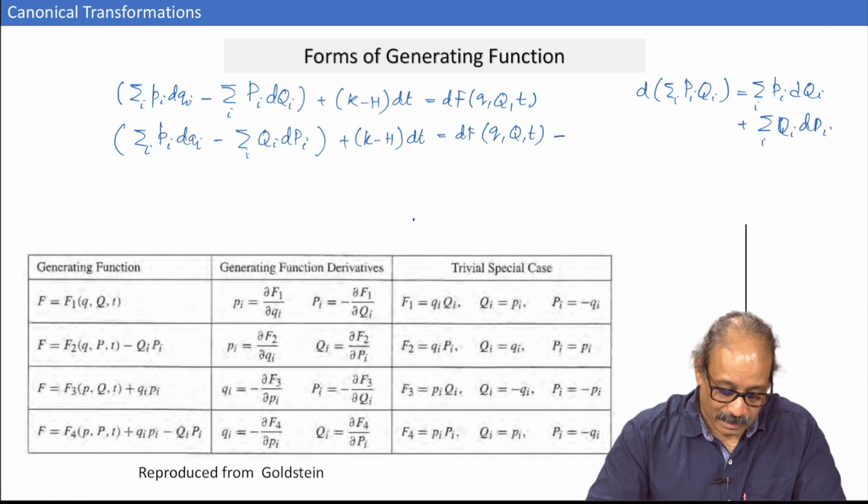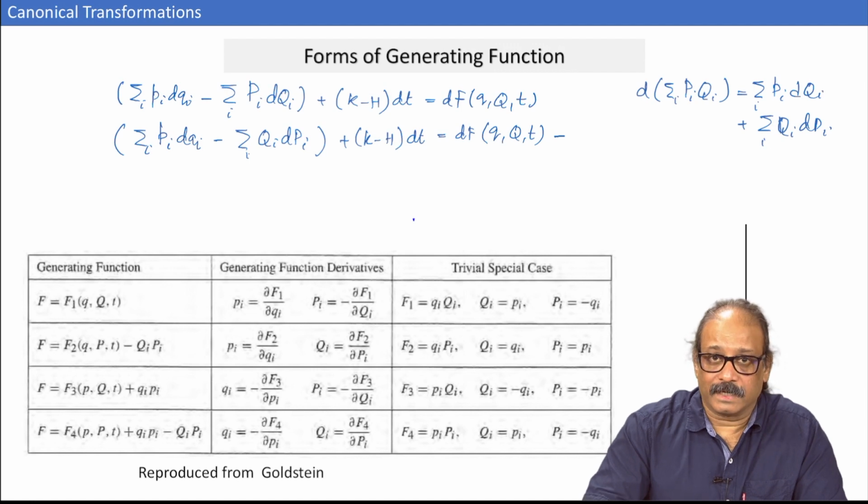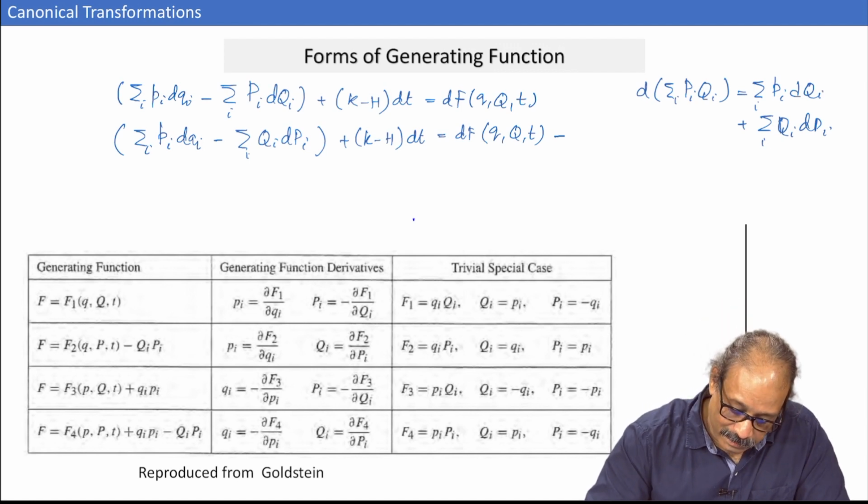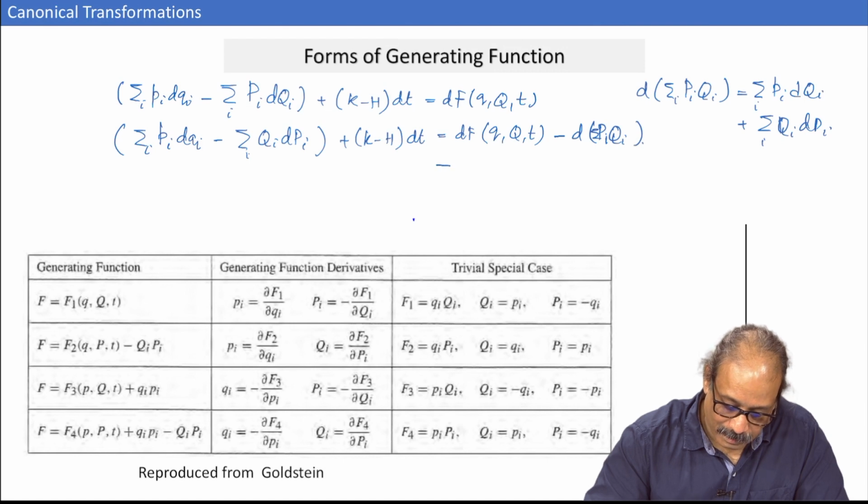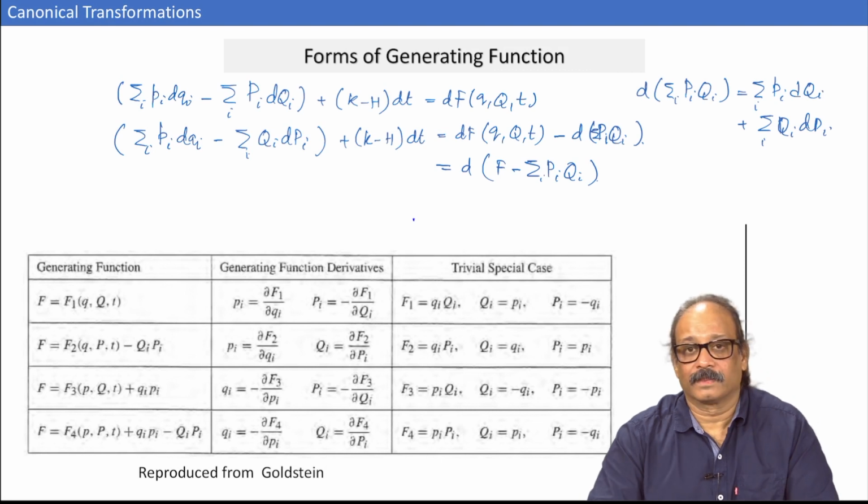So what will happen is you get that extra term here, which I can transfer to the other side, and minus you have d of sum over P_i Q_i. And I will write this as d of F minus sum over i P_i Q_i.